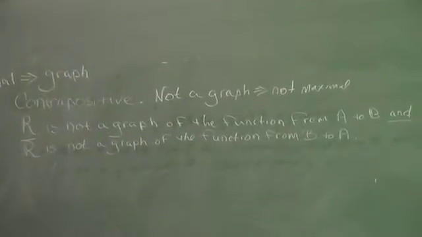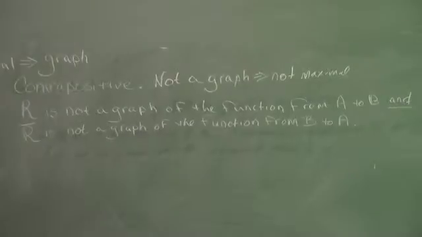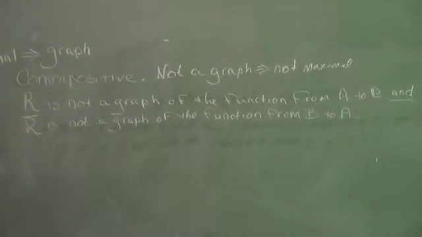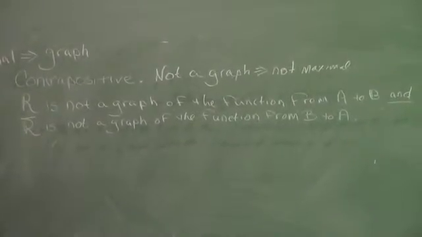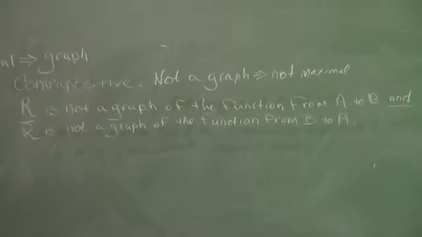So, what does that mean? R is not the graph of a function from A to B. It means there's not a B for every A, right?